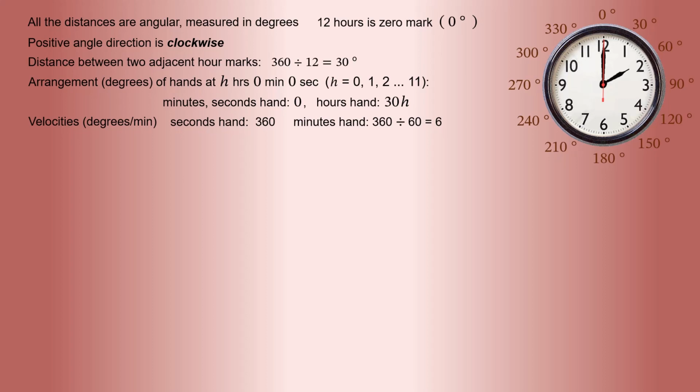Finally, the hour hand in an hour covers the distance between two adjacent hour marks, or 30 degrees. Therefore, its velocity is 30 divided by 60, or half a degree per minute. Now let's disregard the second hand for a while and try to continue from here.